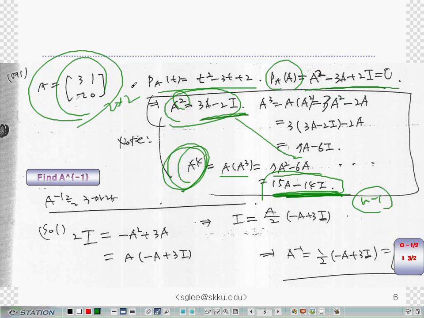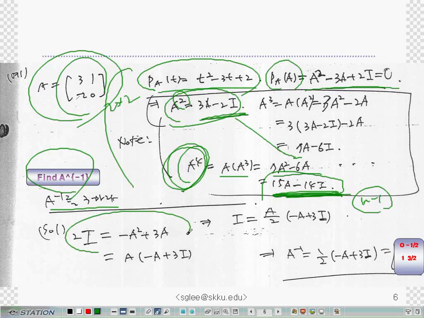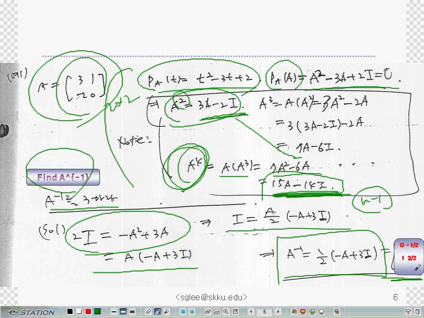Okay. With this knowledge, we can find the A inverse as well. Since we can easily find the characteristic polynomial, we know the matrix A satisfies this characteristic polynomial. So it can be written in this way. So I can be written in this way, but that means A inverse can be found by just addition and subtraction of the powers of the matrix.